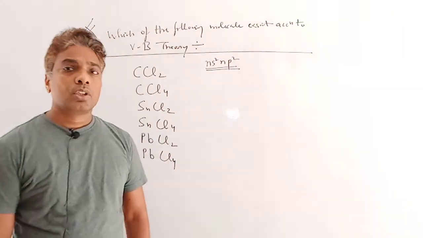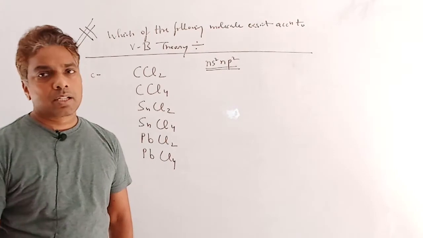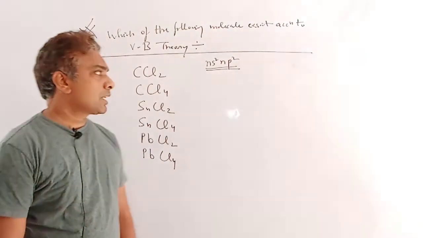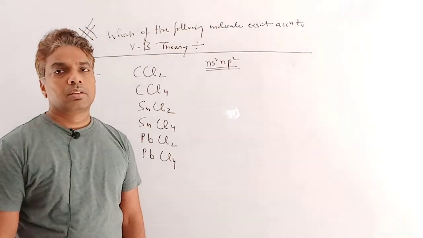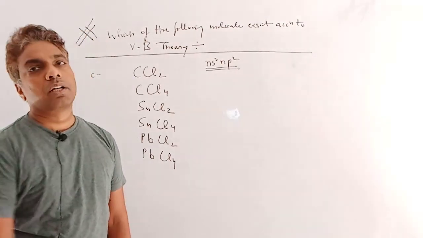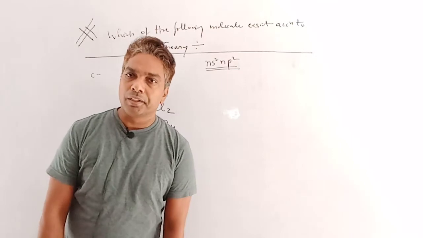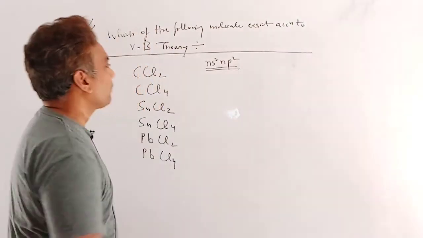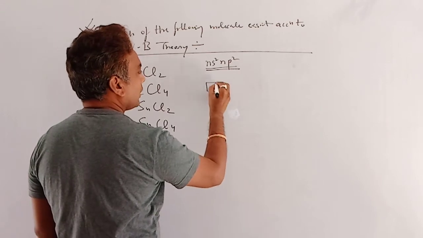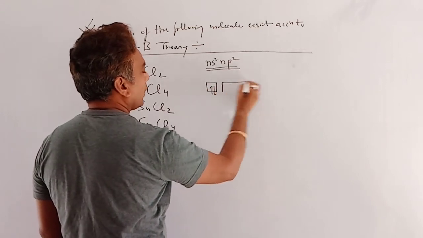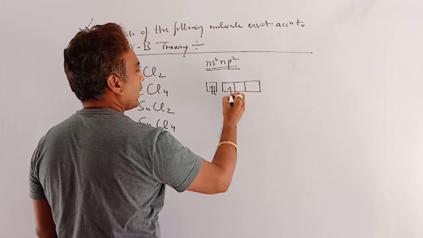So we have only 2 subshells, s as well as p. But except second period elements, all elements always contain a vacant d subshell. Clear? So in case of carbon, 2 electrons are in ns as well as 2 in np.